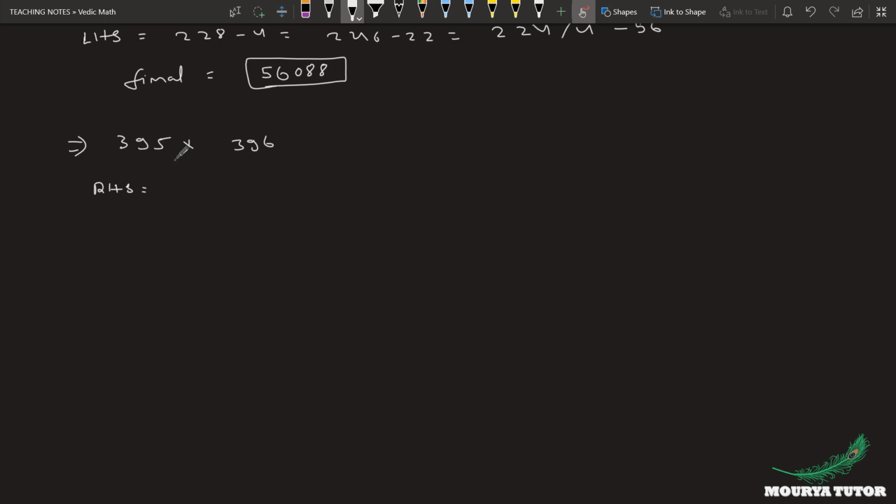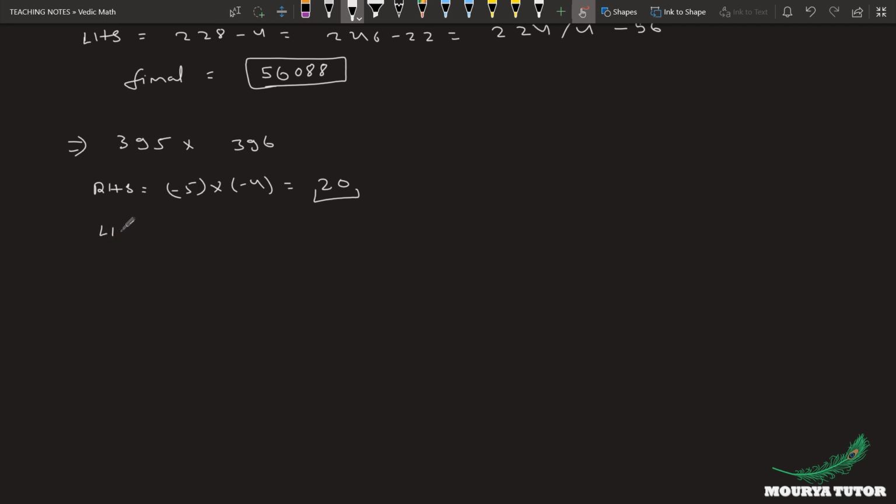Now we have taken the working base 400, then the differences will be -5 and -4. So after multiplying these two differences you will get 20. Now you can see in the actual base the number of zeros in the 100 is 2 only, so we need not do anything because the number of digits in the RHS is the same.